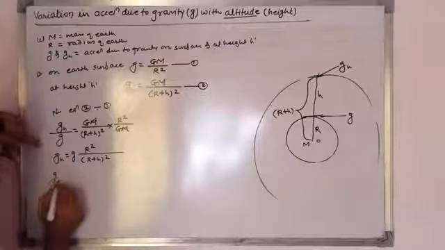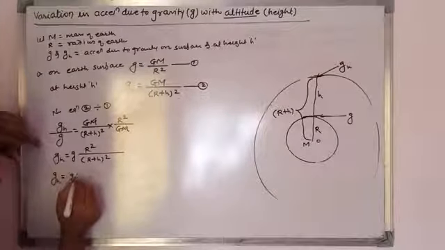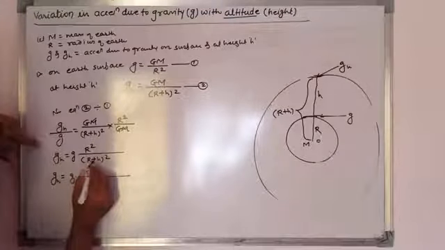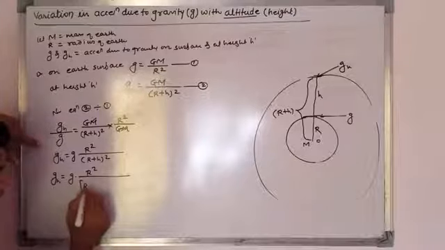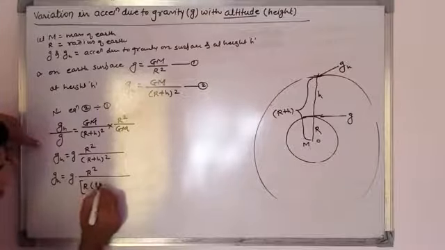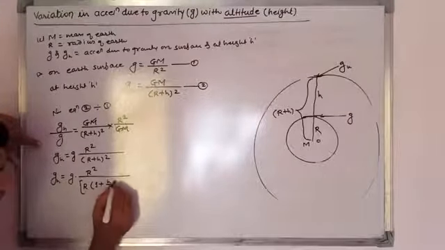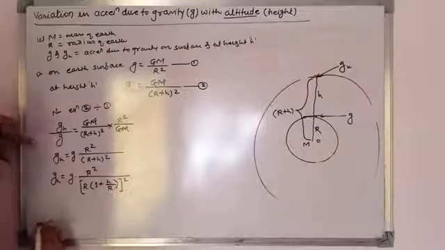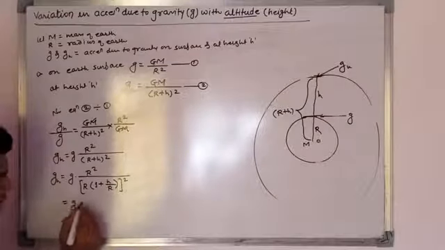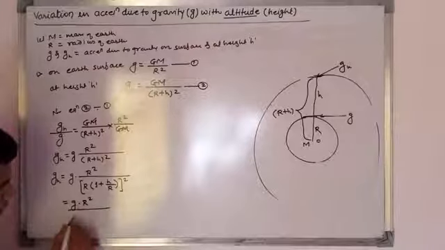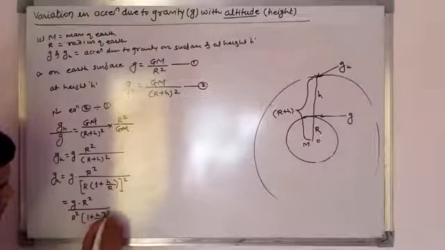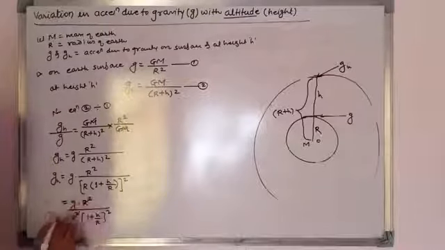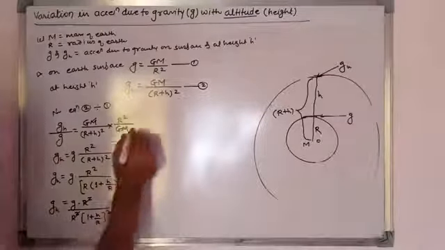Now this can again be written as g_h is equal to g into R square upon, taking R square common out, R (1 plus h upon R) whole square. So this can be written as g into R square upon R square (1 plus h upon R) whole square. Now this R square gets cancelled, and this is g_h.